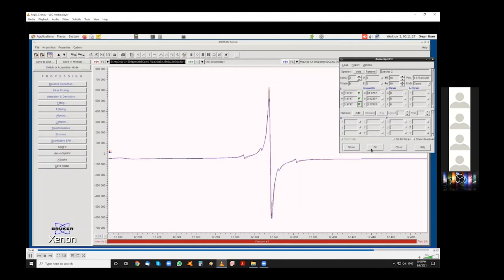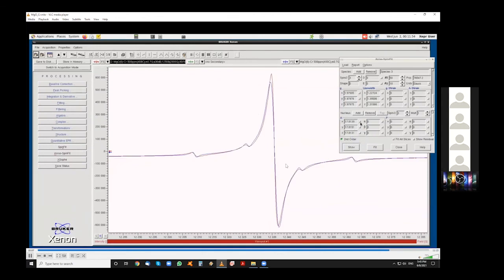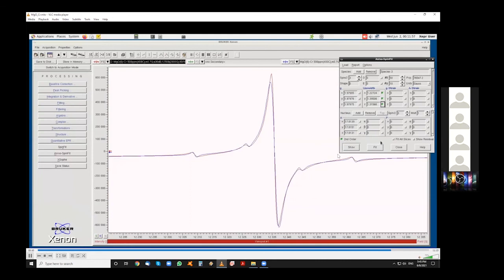And in the end, we obtain something like this, which is a pretty good simulation. You may observe that the parameters can be adjusted a little bit more, but in the end, it is a good fit.